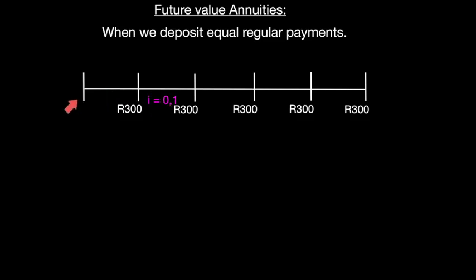Now what we are going to do is, at the end of the first year we're going to pay 300 Rand, then at the end of the second year, the end of the third, the end of the fourth, and at the end of the fifth. So let's see how a future value annuity works. Once we get to the end of the first year, we are going to make a deposit of 300 Rand.